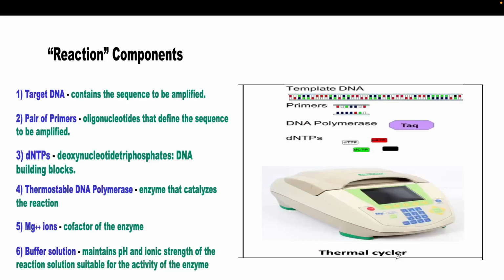Now, in the reaction components, if you see, there are certain things required to do the PCR. The first one is the target DNA. The target DNA contains the sequence which should be amplified through the PCR reaction.